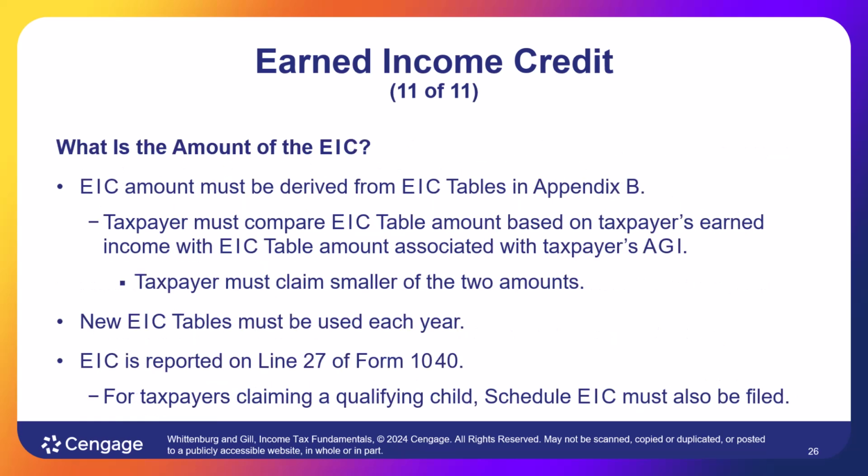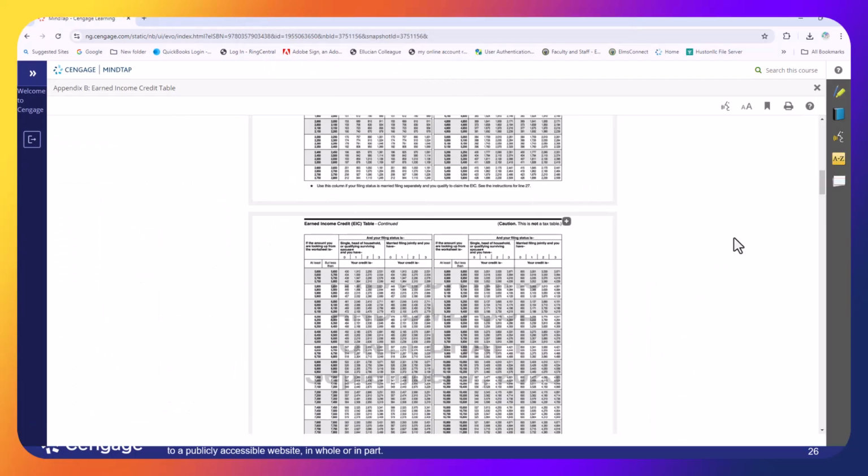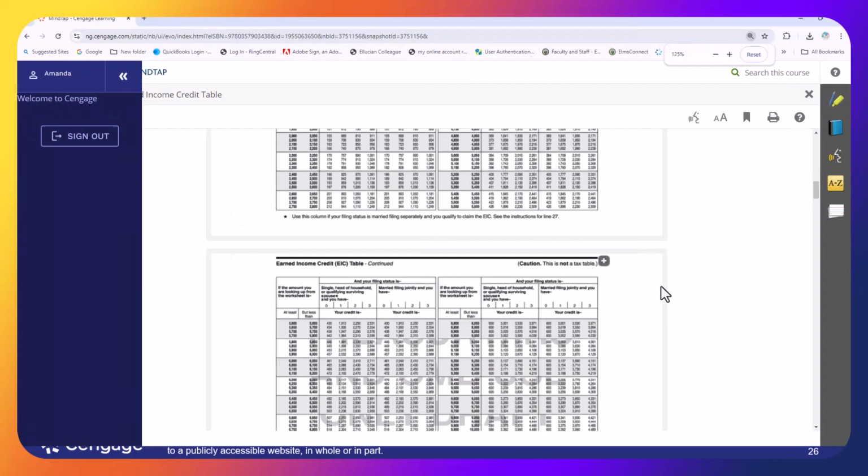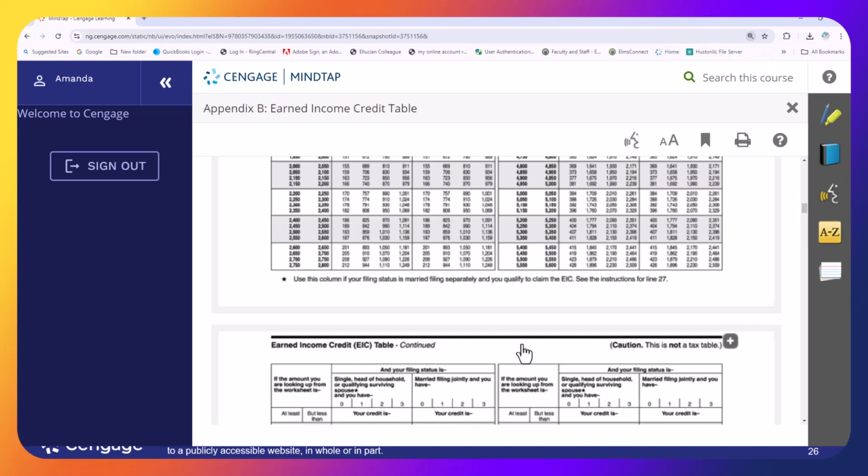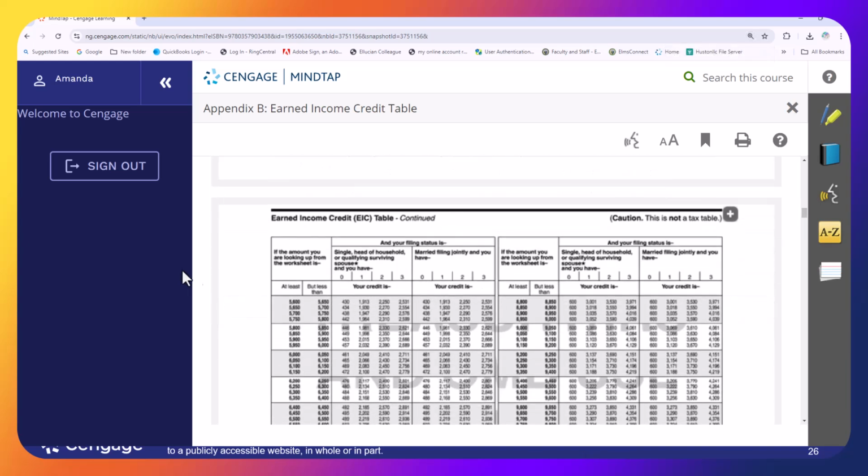So, what is the amount of the EIC? If you go to the book, in Appendix B, this, it's a little blurry, is the EIC table.